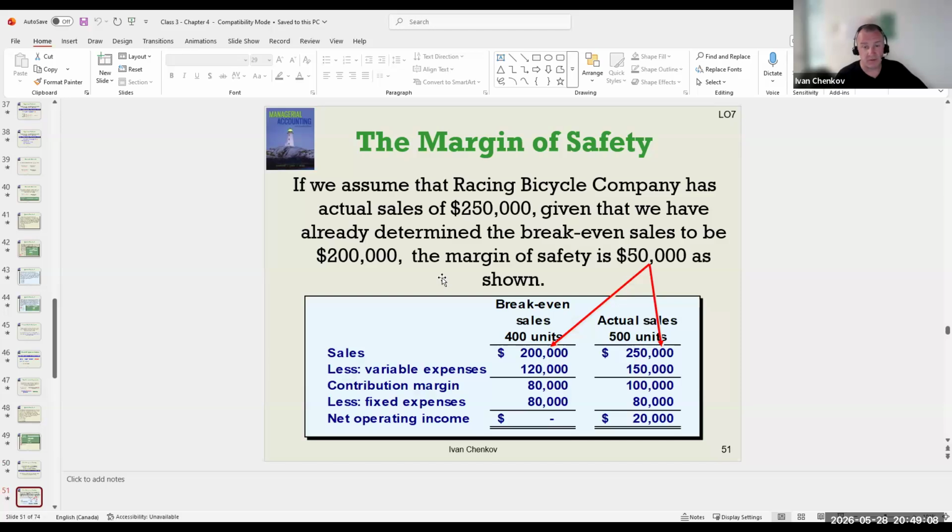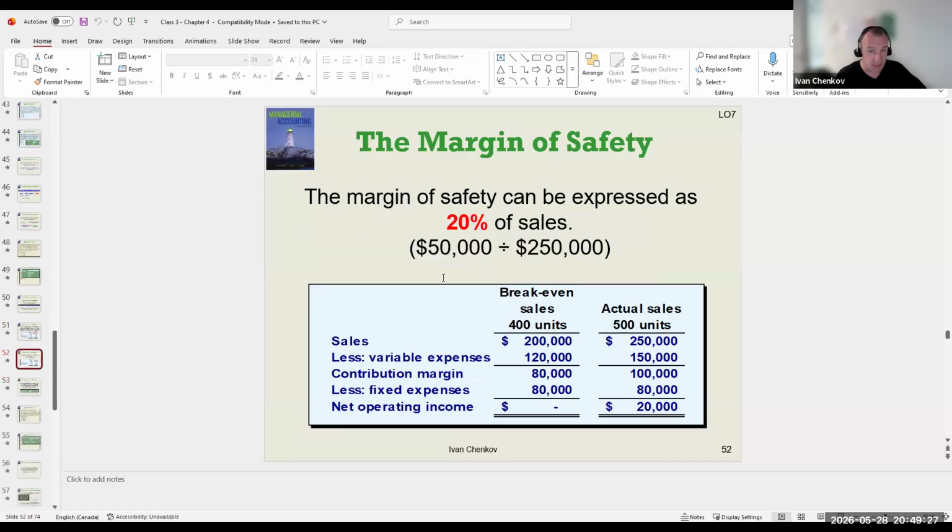So once we know the break-even point for the bikes is 400 units, and we know that currently we're selling 500 units, and we know that our sales currently is at 250,000, but on the break-even is 200,000 only, we can easily see that our margin of safety is $50,000. As a percentage, that will be 20%.